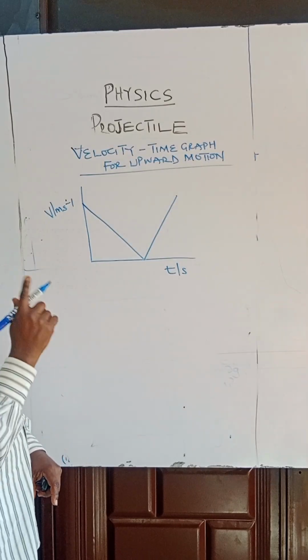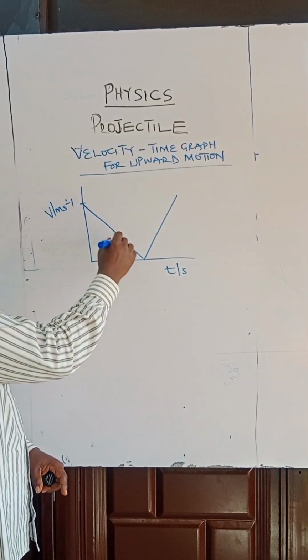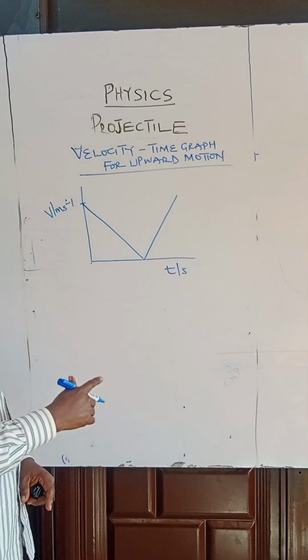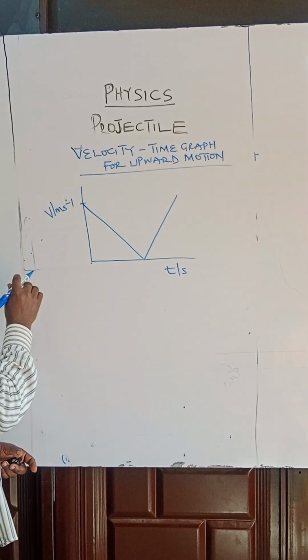As I said the other time, the initial velocity is not 0, and the final velocity is 0 for upward motion. What happens in upward motion?